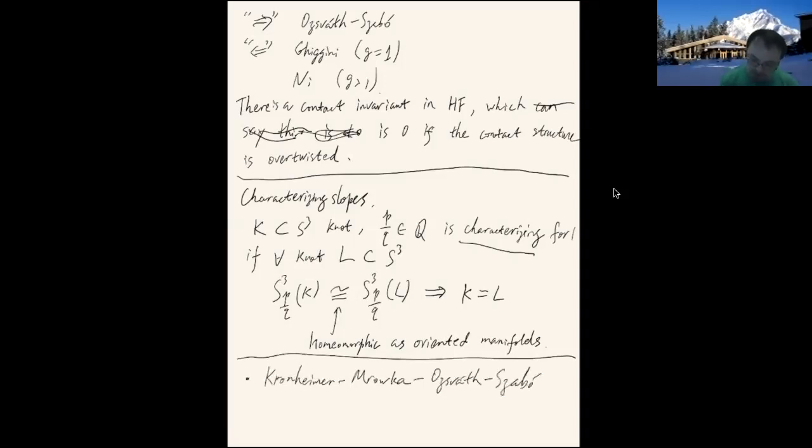That is, all slopes in R on the unknot are characterizing for the unknot.